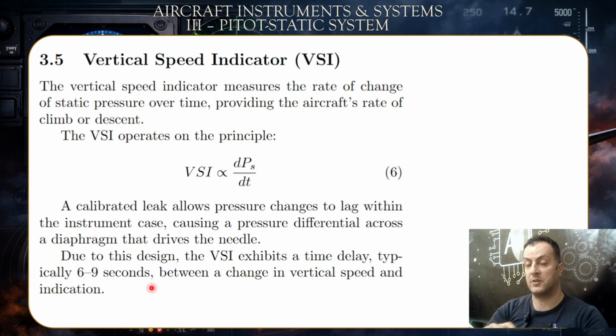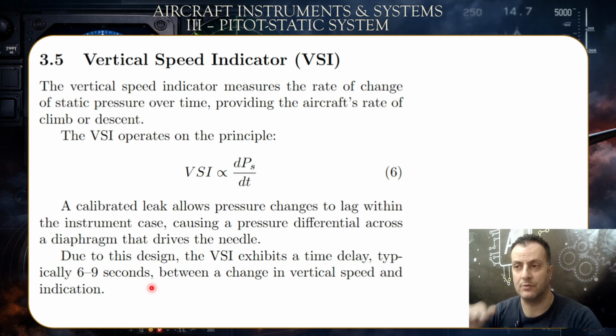So you would have a difference between the actual vertical speed during the climb or descent and the indicated one. The indicated VSI value would require a few more seconds, up to 6 to 9 seconds, to update to the actual real value. That's the problem between a change in vertical speed and its indication.